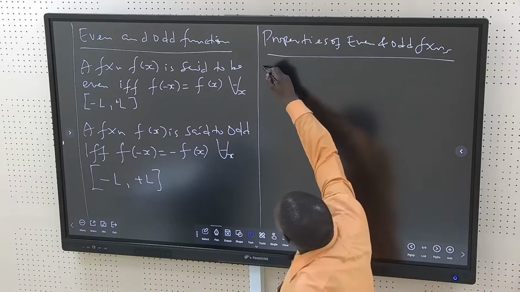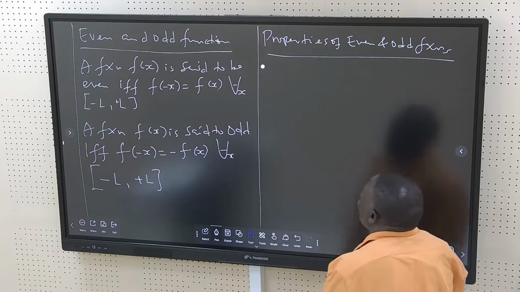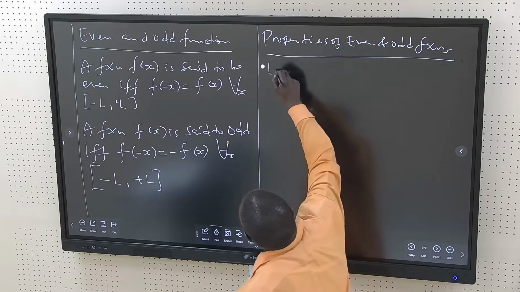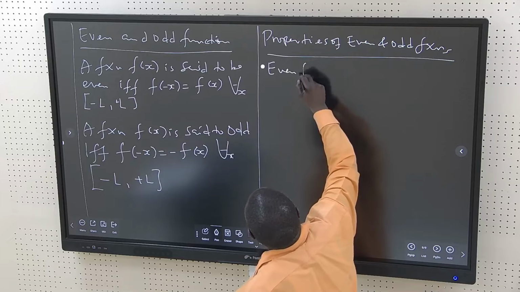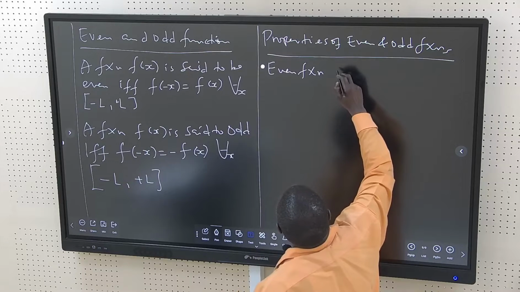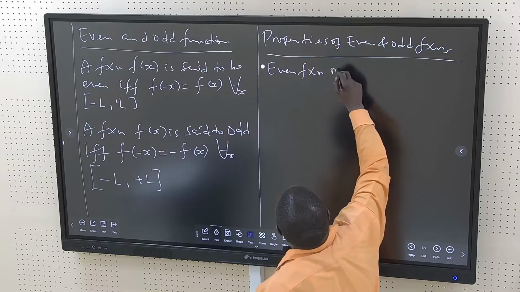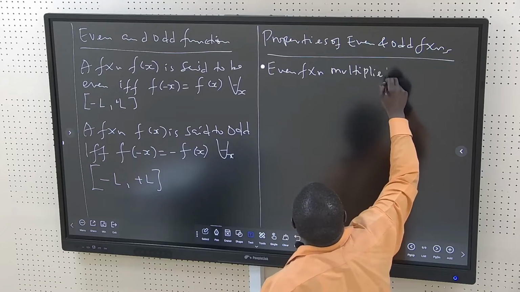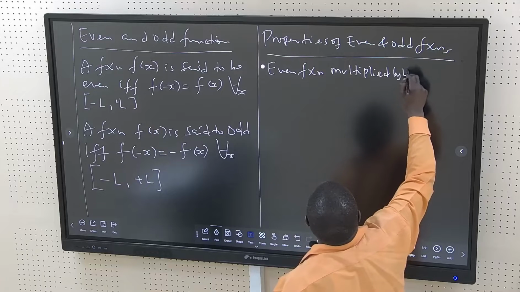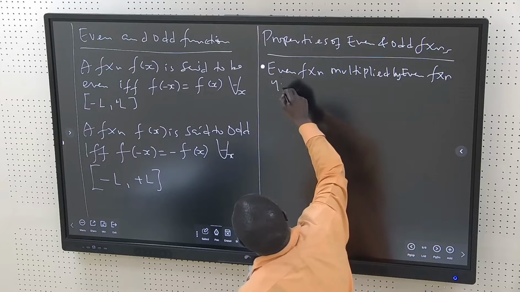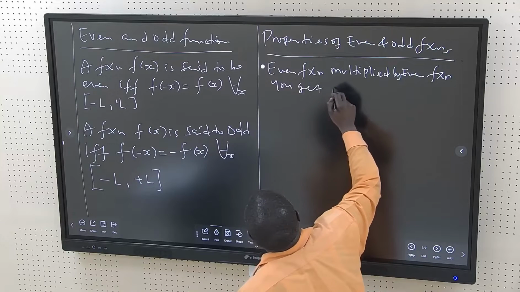When an even function is multiplied by an even function, you get an even function.